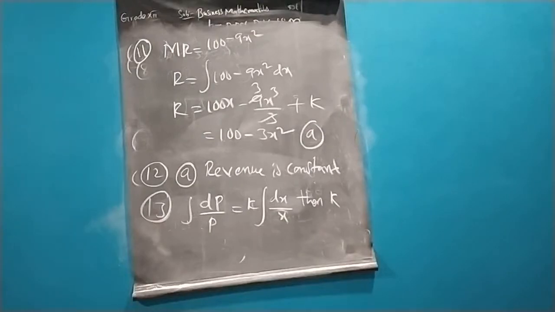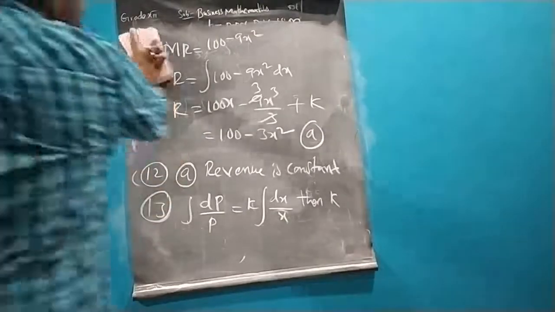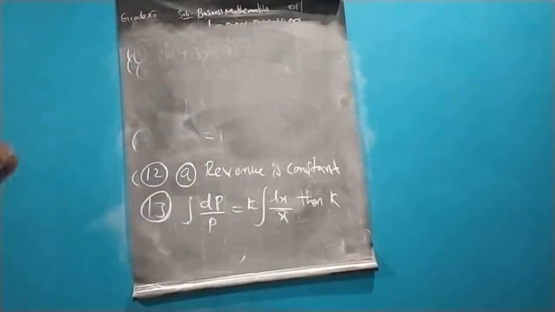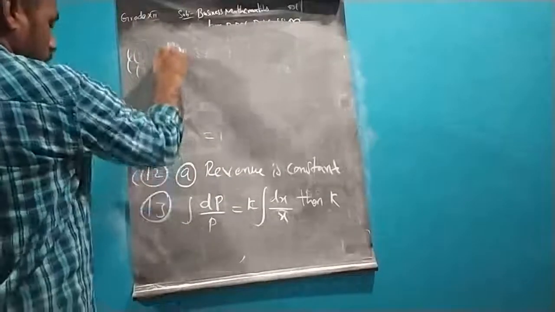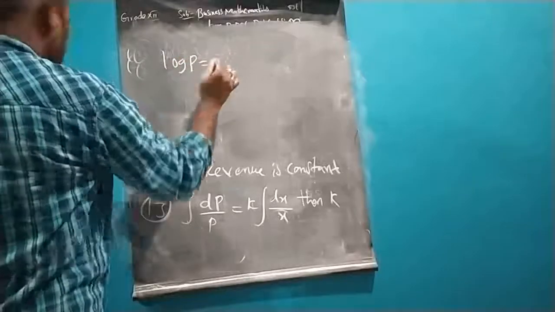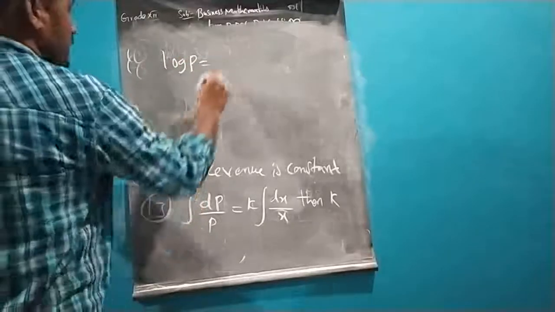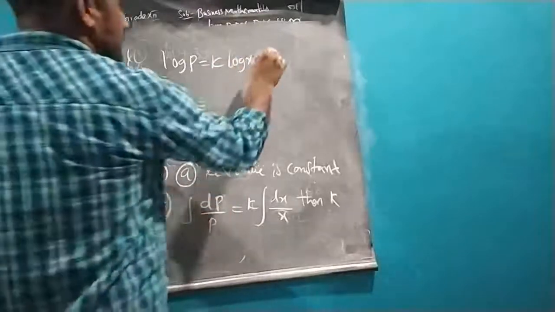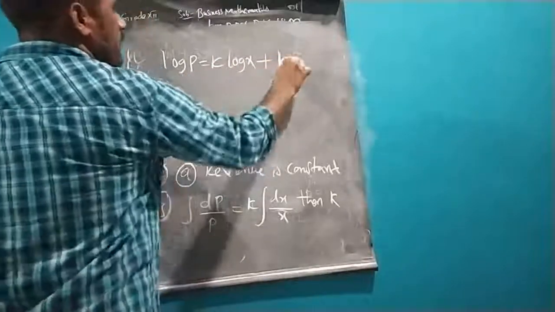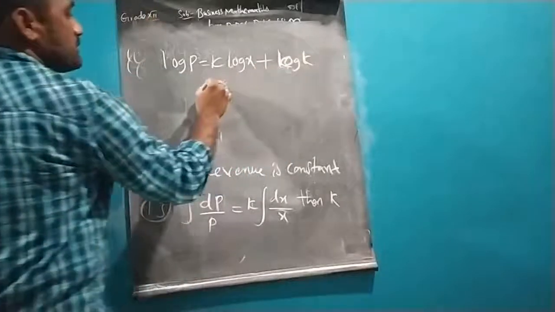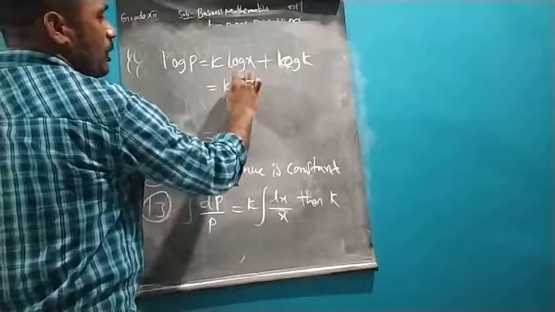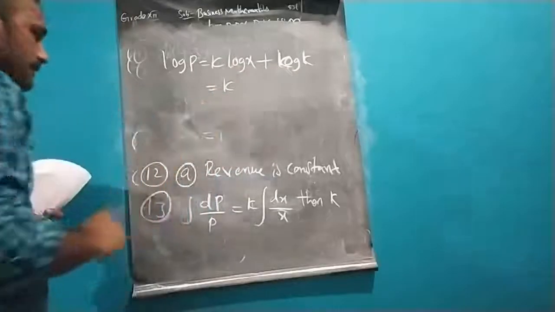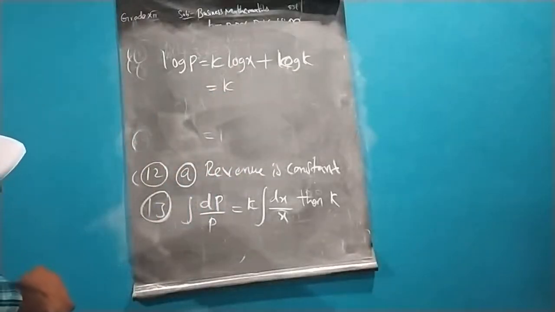If I apply the integral on both sides, it will be log P. So log P is equal to K into log x plus K, which we can write as log C. K log A plus log B we can write as P here.